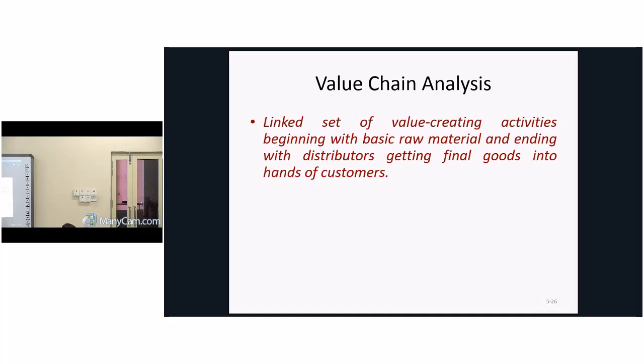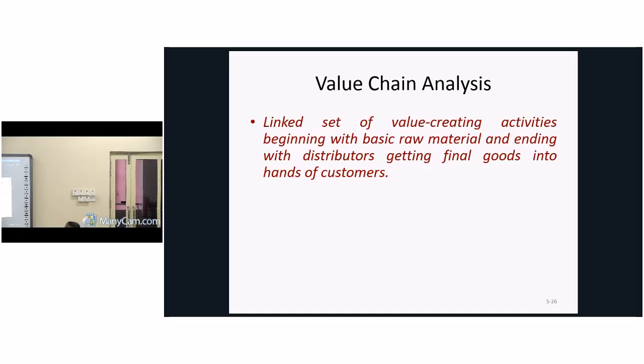Value chain is a linked set of value creating activities. When you see these words, you can imagine what a value chain is. It has certain value creating activities, a set of value creating activities beginning with basic raw material and ending with distributors getting final goods into the hands of the customers. Right?